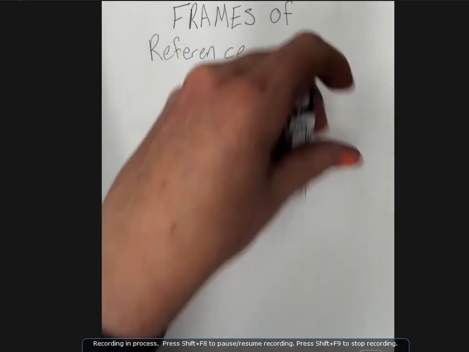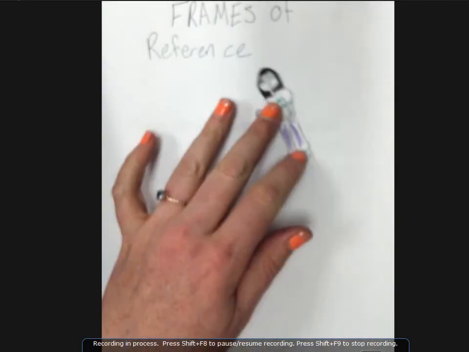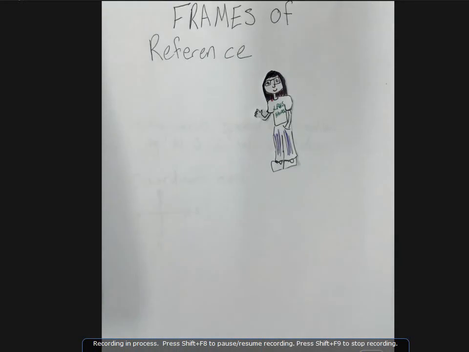For the most part, in your everyday life, right, we have one consistent frame of reference. Usually when we talk about frame of reference, we say that our frame of reference is Earth.